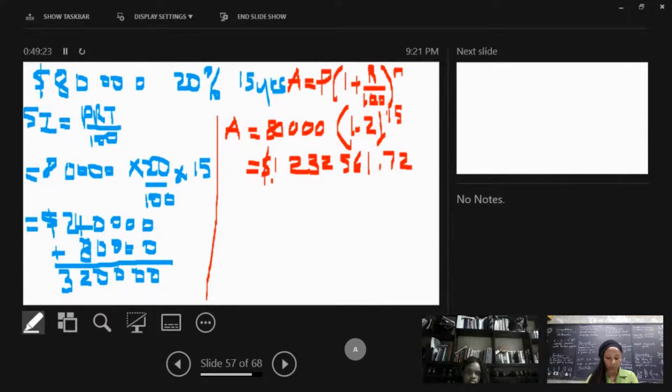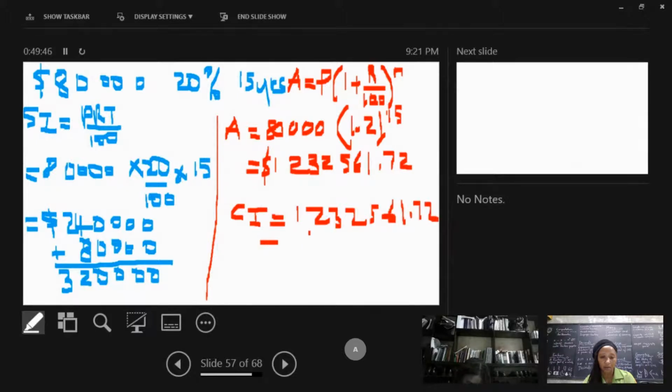All right, so this is the amount. So the compound interest would be to subtract the 80,000 from that. So take away 80,000 from that. Okay, miss. So, minus 80,000. Hold on.